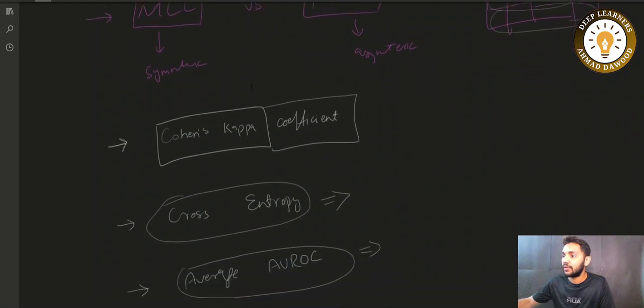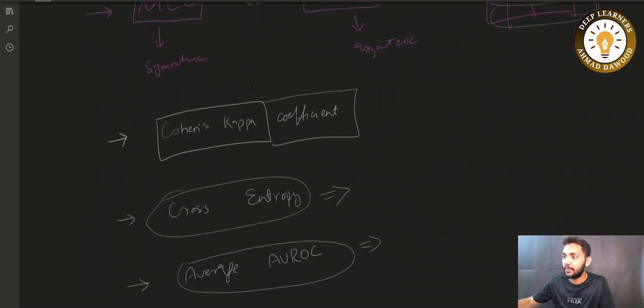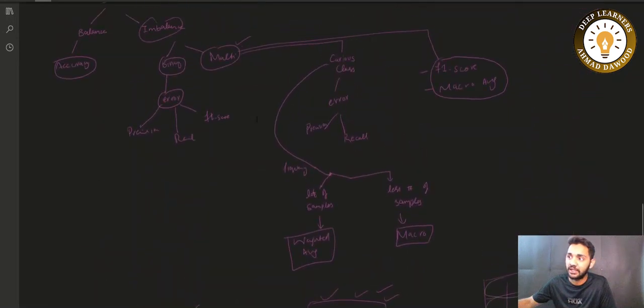Matthews correlation coefficient, Cohen's kappa, cross entropy, average. You will see some other measures also, but for now you should consider what I have discussed in this flow chart. You can follow that pattern. And keep in mind, in data science there are a lot of formulas and their intuitions, but usually we don't go towards how the formula is generated.